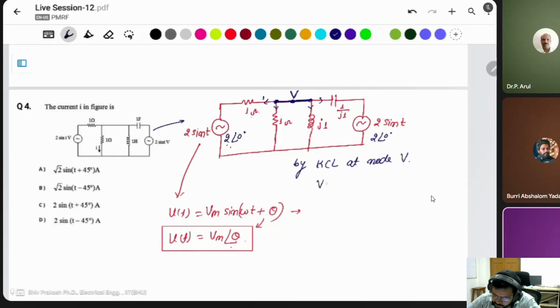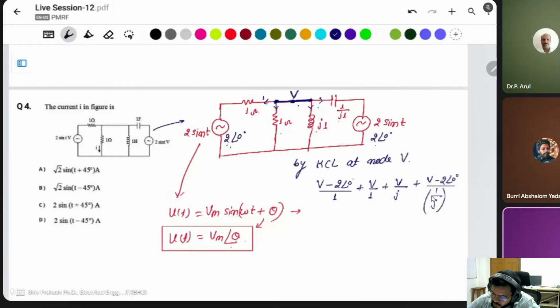This will be V minus 2 at angle 0 divided by 1, plus this current V divided by 1, plus this current, same voltage, divided by j1, or V divided by j, plus V minus 2 at angle 0 divided by 1 divided by j.